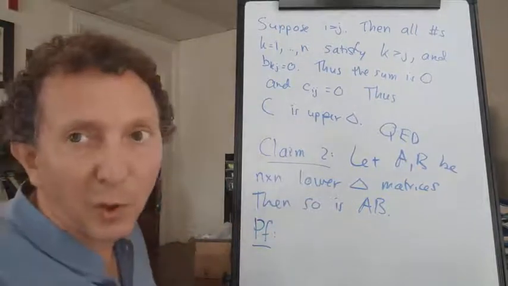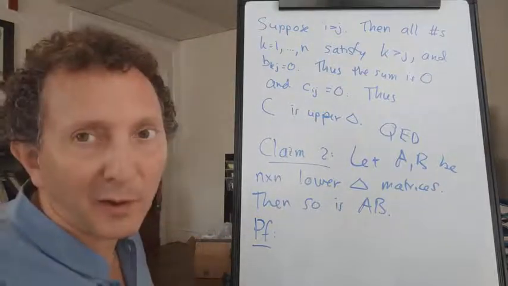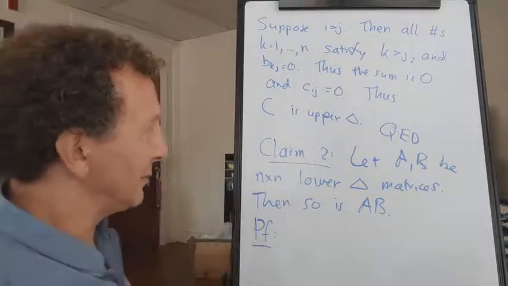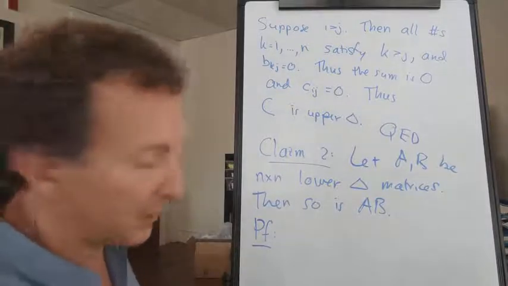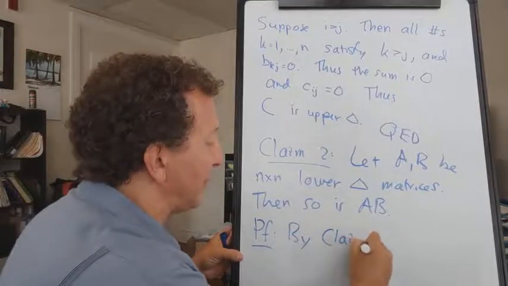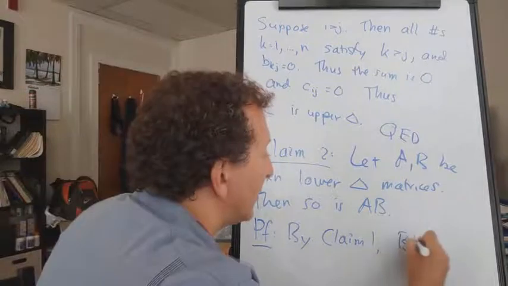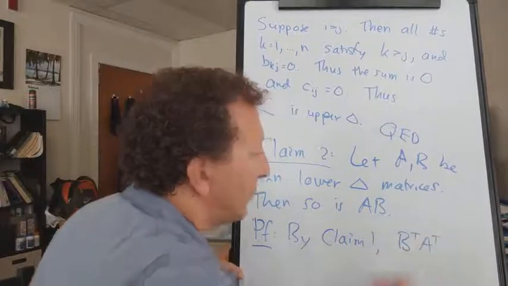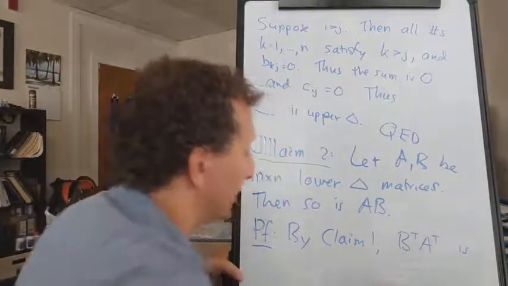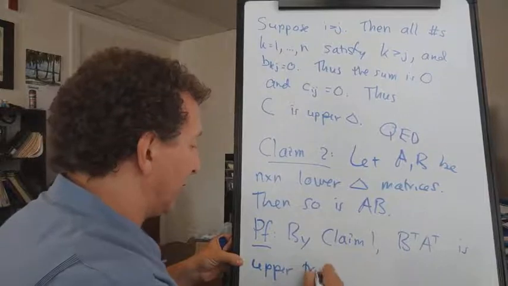Now I guess I could do the whole proof over again that I did for upper triangular matrices, but it's so similar that I can capitalize on what I've done so far and show that that implies that this claim is true also. So by claim 1, B transpose A transpose is upper triangular.